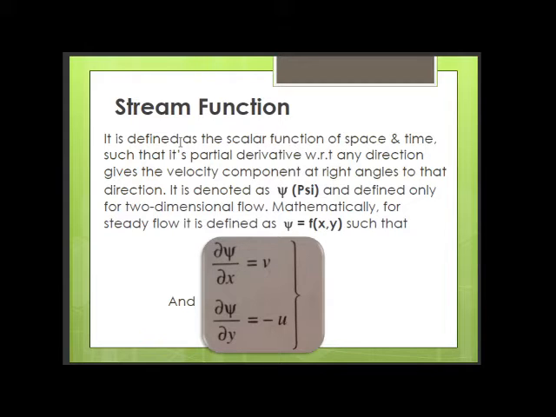Mathematically, the stream function for steady flow is defined as psi equal to a function of x and y, such that dou psi by dou x is equal to v, and dou psi by dou y is equal to minus u.